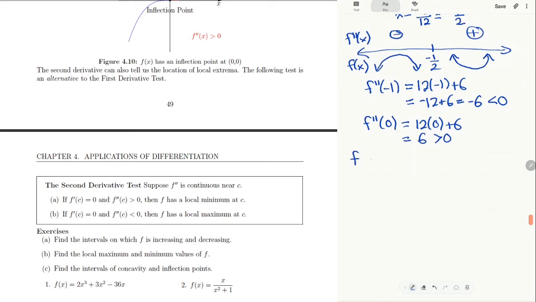So this tells us that f is concave up on the interval from negative 1/2 to positive infinity, and f is concave down on the interval from negative infinity to negative 1/2.